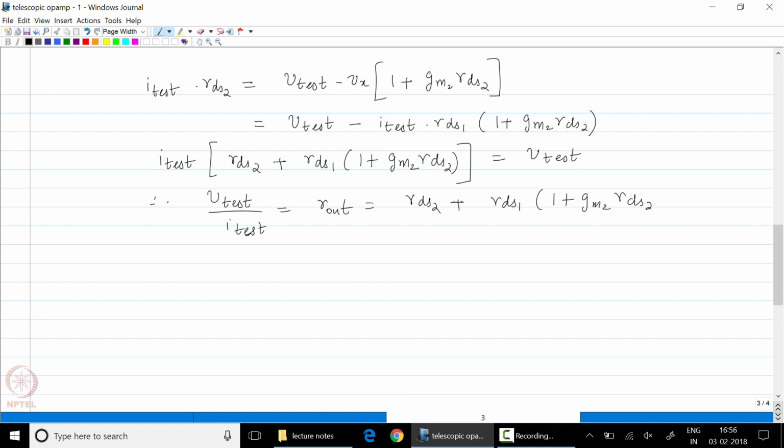Now we can make some approximations. We can say that GM2 RDS2 is much larger than 1, and we can also say that RDS1 and RDS2 are of the same order of magnitude.